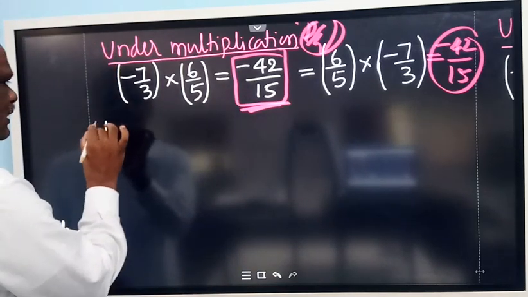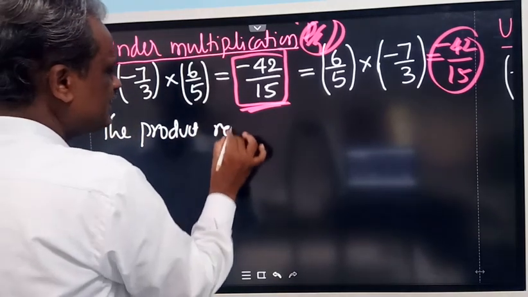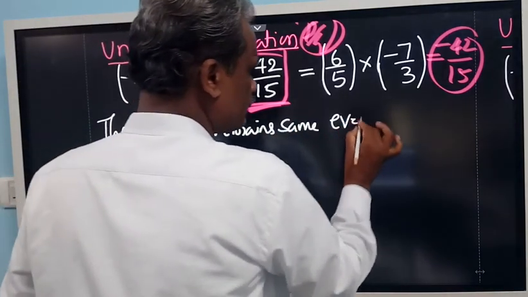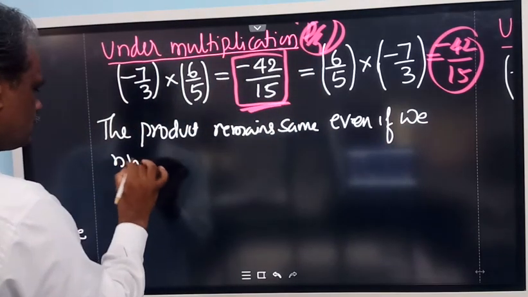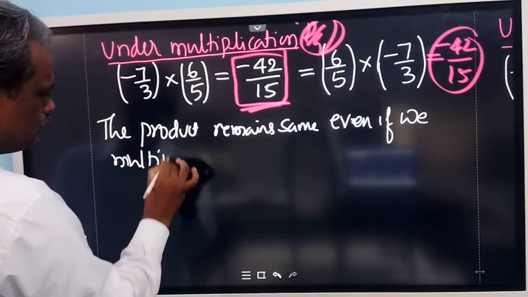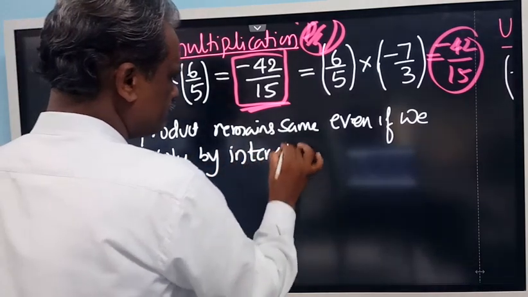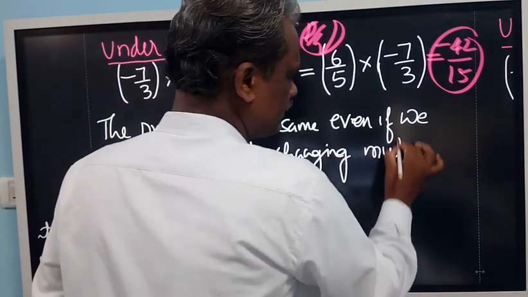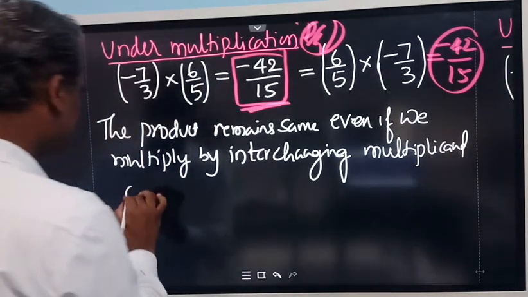So you can write in a sentence: the product remains the same even if we multiply by interchanging multiplicand and multiplier.